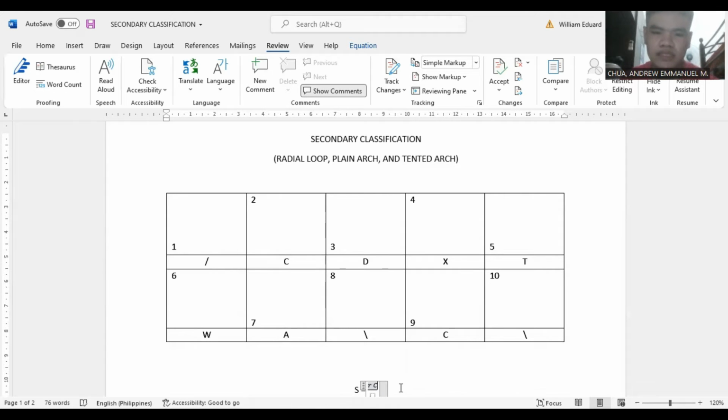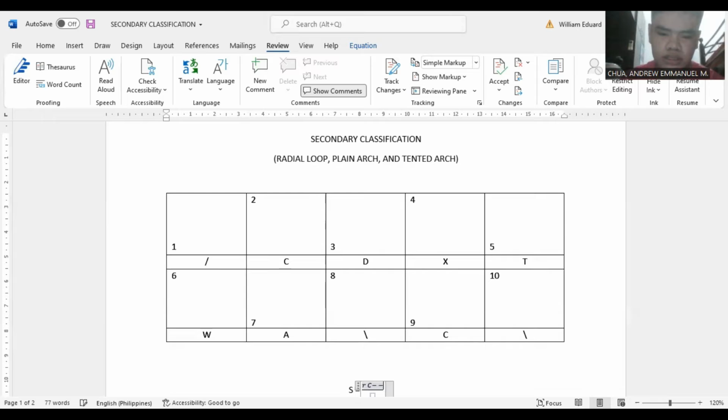Now, let's proceed to the third finger, which is the middle finger. It is a double loop whorl, not part of the radial loop, plain arc and tented arc. Therefore, we'll put a dash, or you can leave it blank. And the fourth finger is the ring finger. Its pattern is an accidental loop whorl.